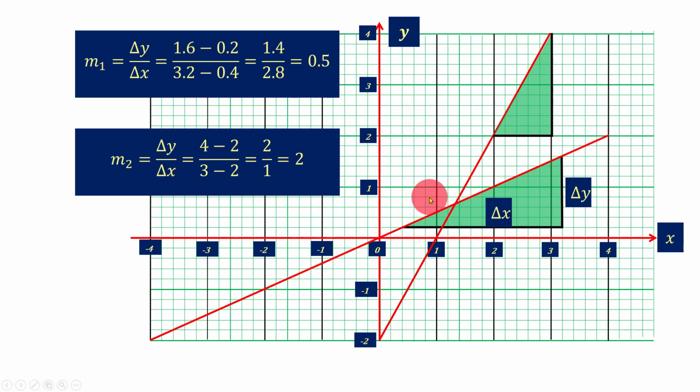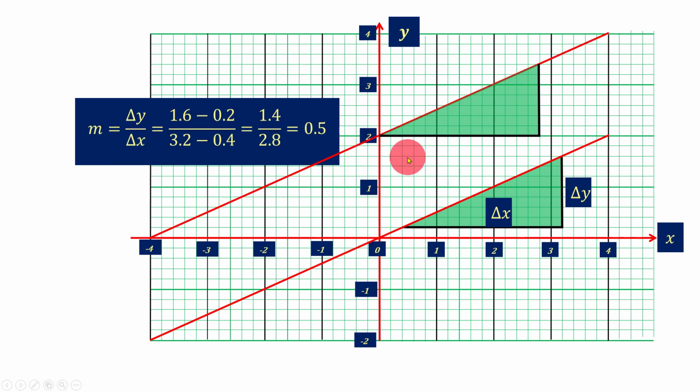Remember that. Now, it does not matter whether we are using negative values or positive values to determine the gradient. In the previous graph here, you can see that y values are positive and x values are negative, while here x values are negative and y values are negative too. It does not matter.